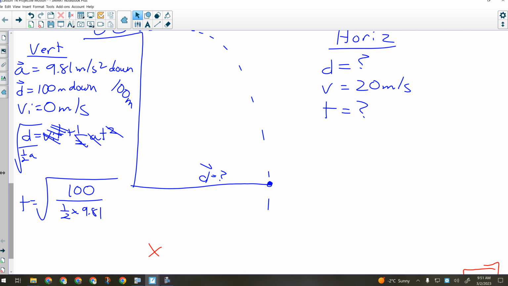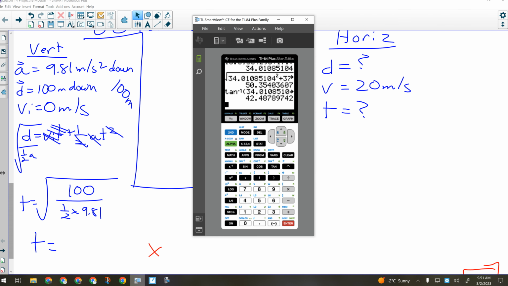Since they're both down, I'm just going to make them both positive. I could also make them both negative if I wanted to. Okay, but just for the sake of simplicity, it only moves downwards. Okay, and notice I'm enclosing the bottom in brackets, okay? Otherwise it'll do order of operations and I don't want it to go from left to right. I want it to divide the top by the bottom.